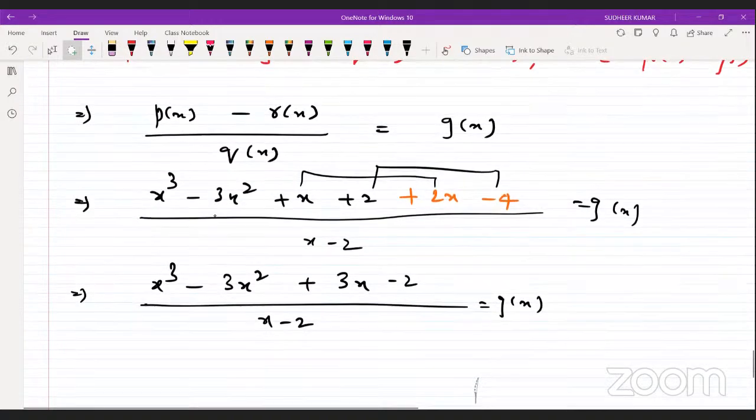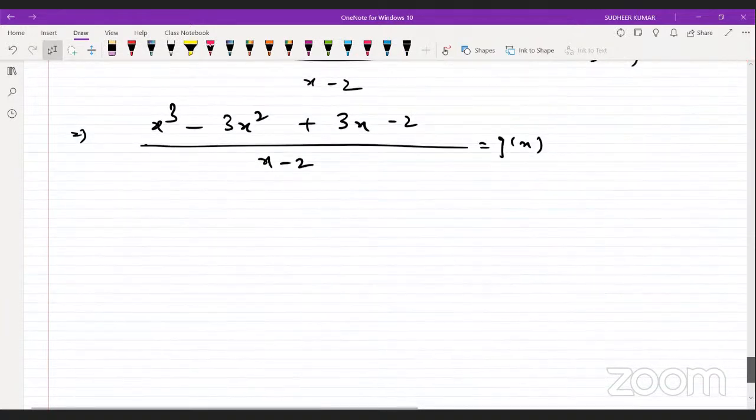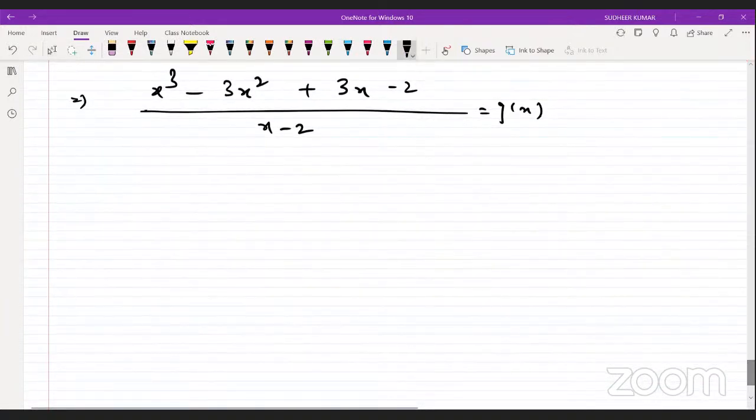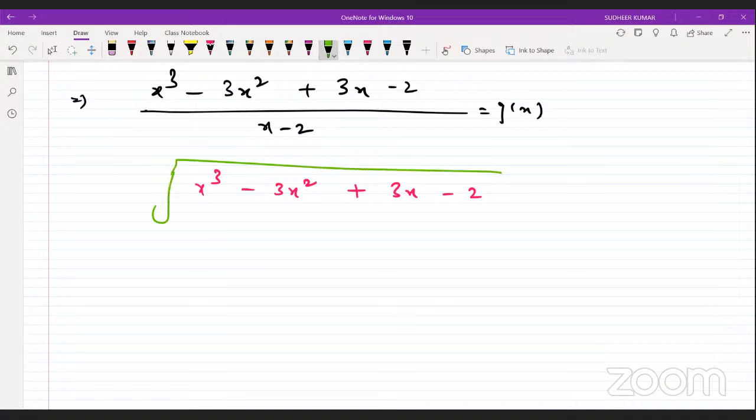While dividing two polynomials, the first condition is to write the descending powers of the dividend. So it is x cube minus 3x square plus 3x minus 2, with powers 3, 2, 1, 0, in descending powers of x. Divided by x minus 2, which is also in descending powers of x.